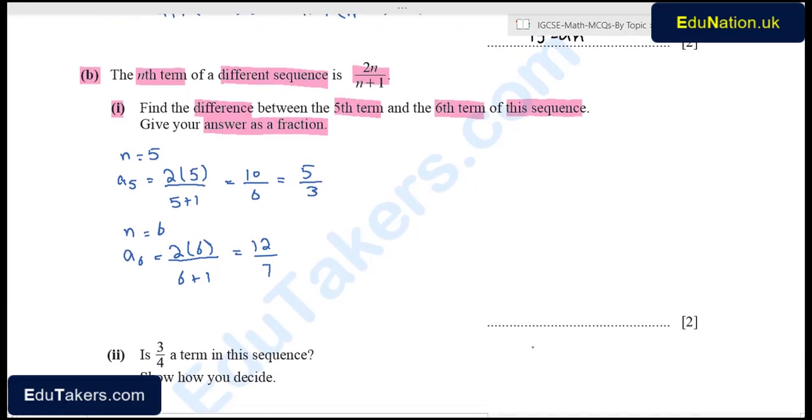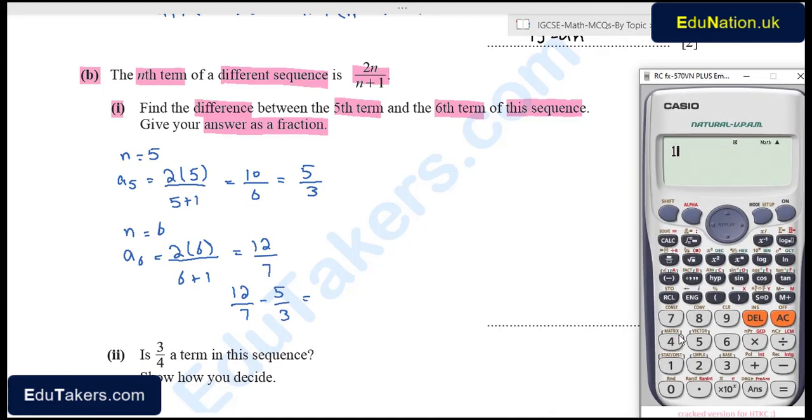And the difference between them is 12 over 7 minus 5 over 3, which is 1 over 21.